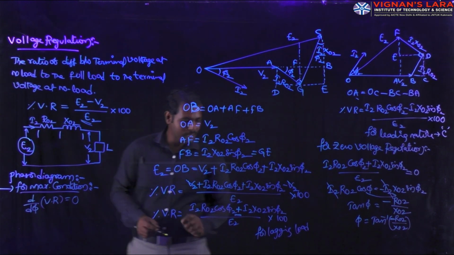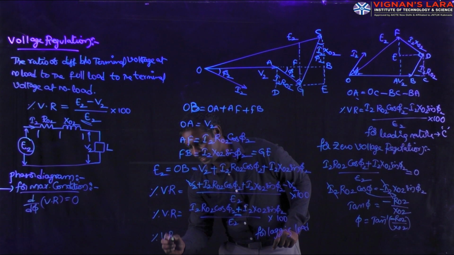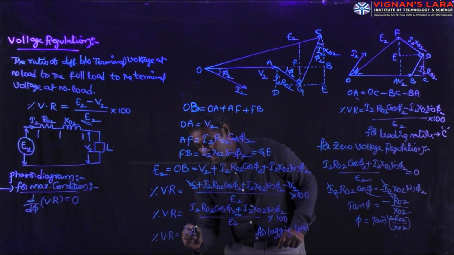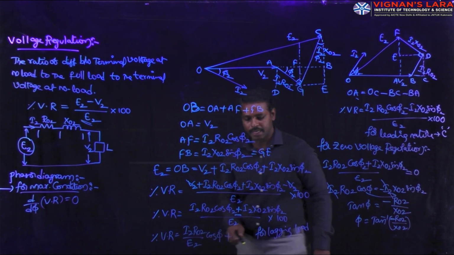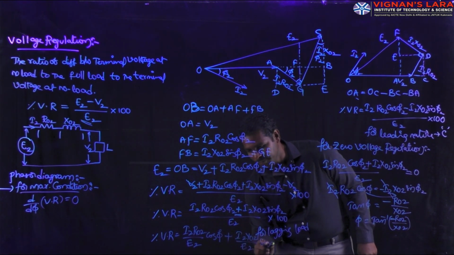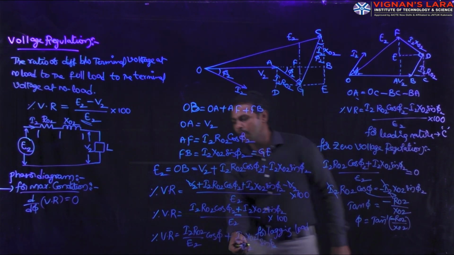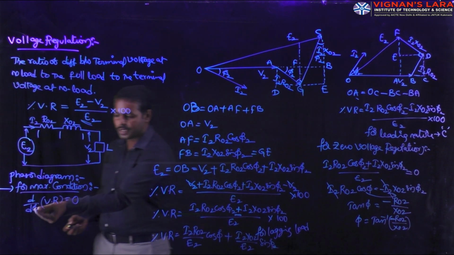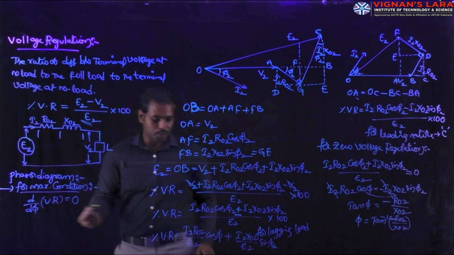So the percentage VR is equal to I2 R02 divided by E2 into cos phi plus I2 X02 divided by E2 into sin phi. So this is the voltage regulation. Differentiation of voltage regulation with respect to phi is equal to 0.